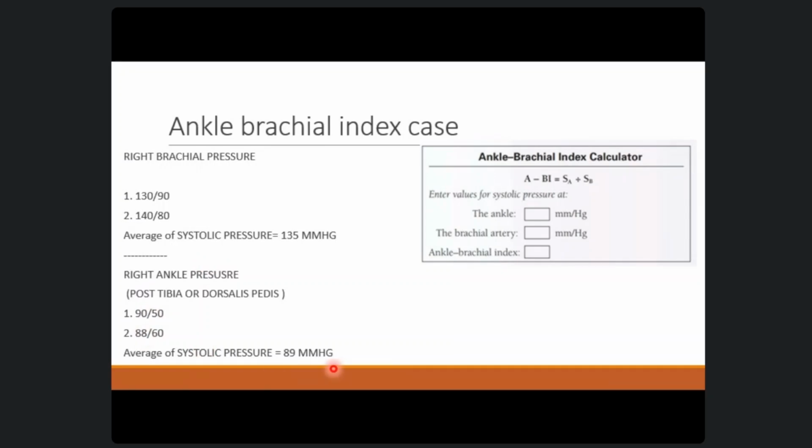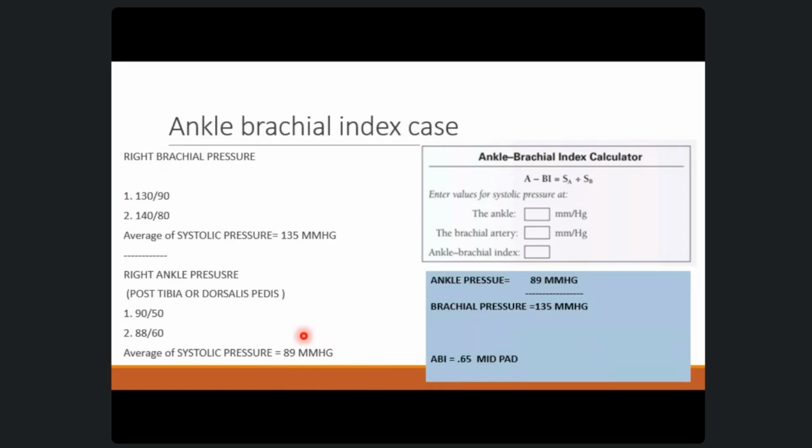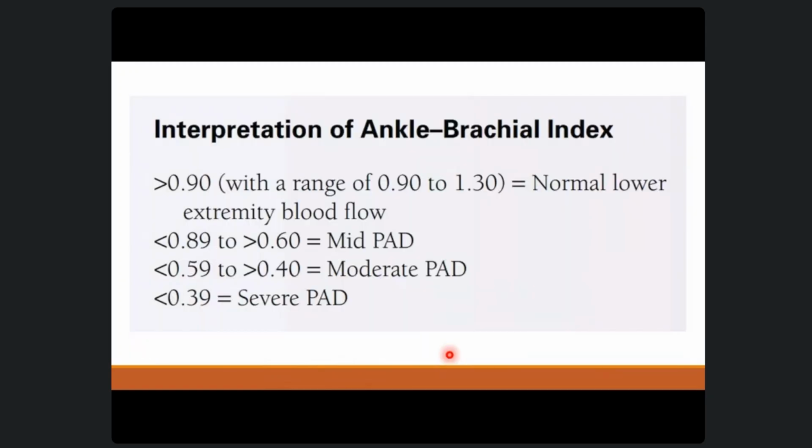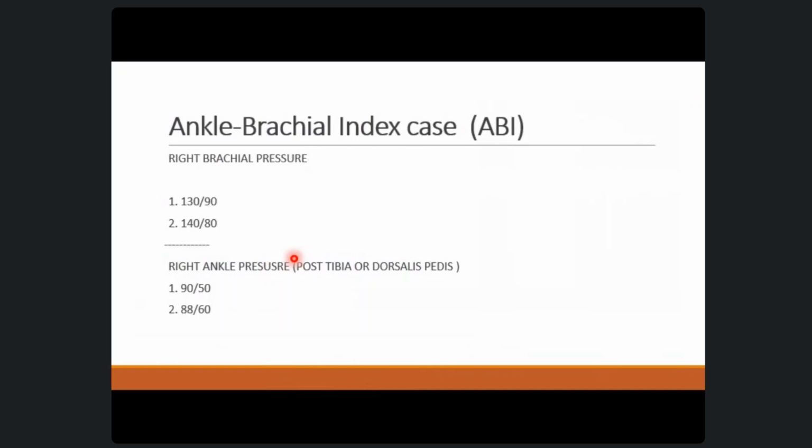So it's 89. For ankle brachial, which goes first? So 89 over 135. Got it? 89 over 135. So the score is 0.65. So 0.65 is mild PAD. Okay? Any questions? None.